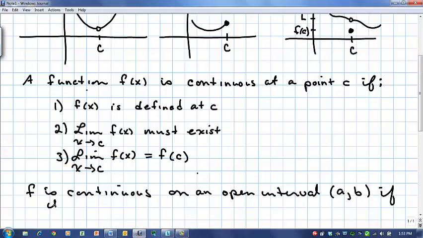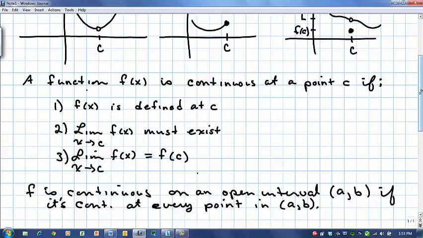If it's continuous at every point in the open interval AB. Okay, so that would be the definition of a continuous function.